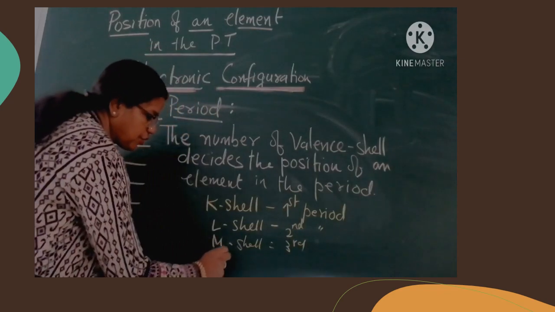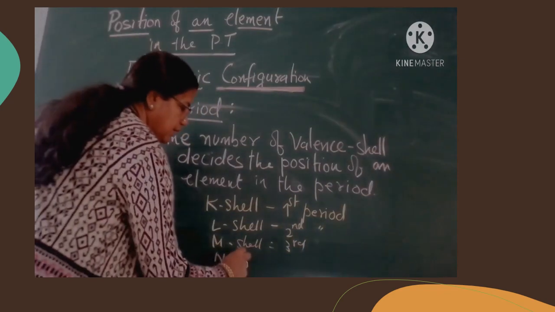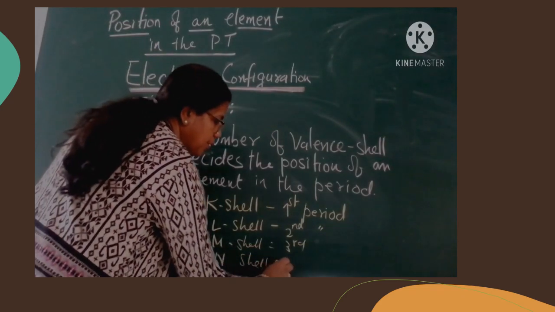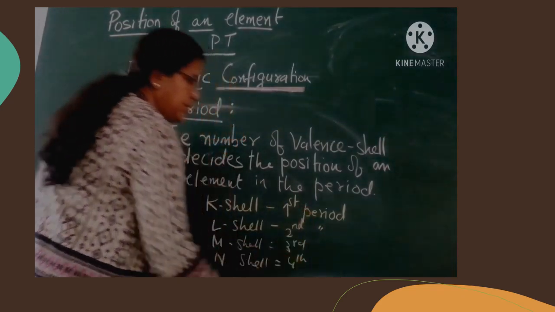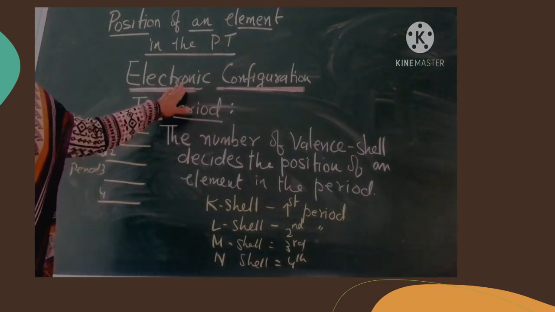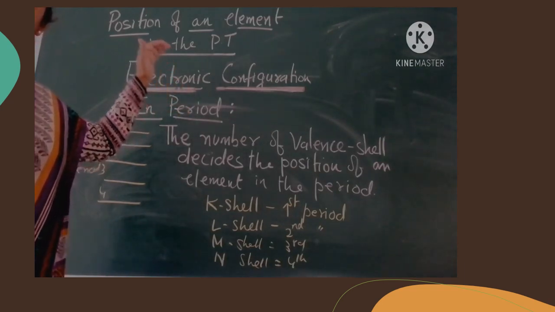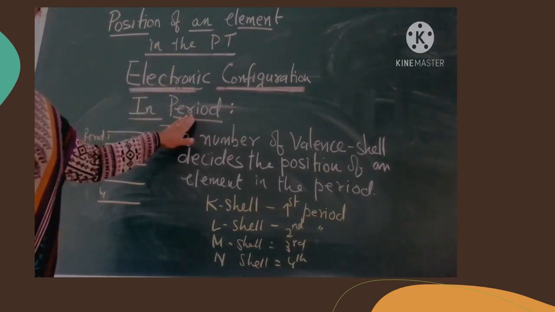And if the valence electron is in the N shell, then it is the fourth period. So through electronic configuration, we are able to find the position of an element in group and in period.